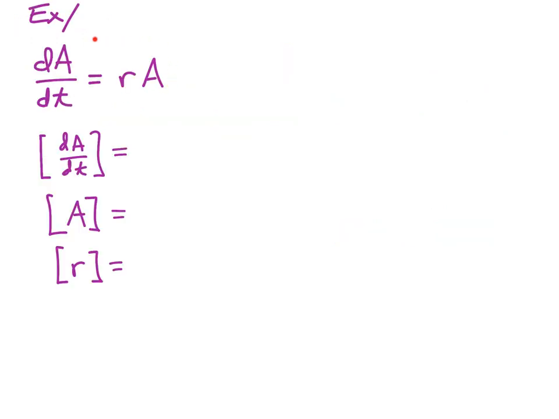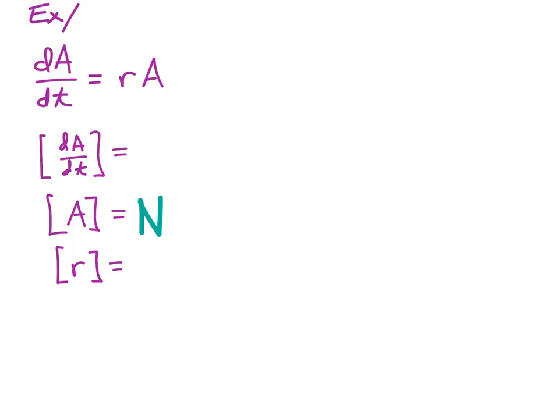As an example, consider the differential equation dA/dt equals rA, and let A be a population of bacteria. So A is the number of cells. When we want to indicate the dimension of a quantity, we use these square brackets. And so I've just said that [A] is a number of cells, and so its units are N, a number, because A is an amount.